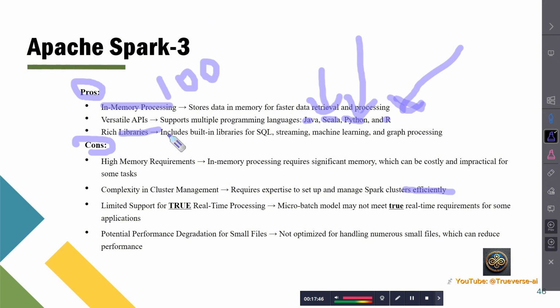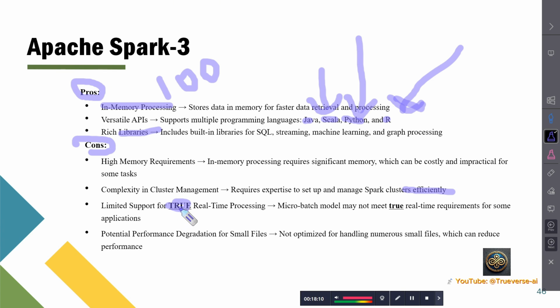And there is a limitation. For real-time processing, Spark is good, but when processing must be very, very quick, that would be challenging.